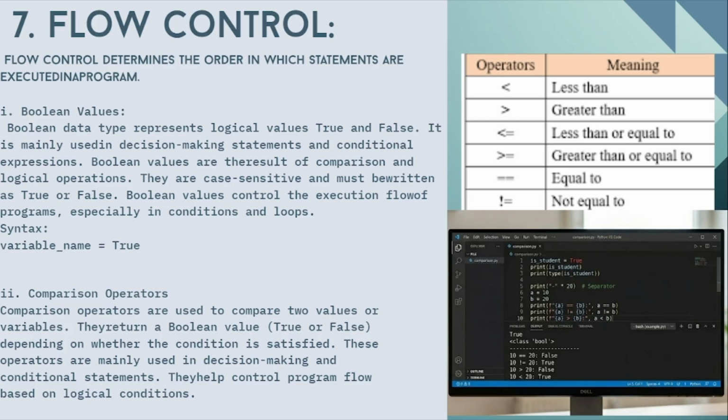In the example, if you see here, I assigned is student is equal to true. Now print is student, what will be the output? It will print true. Next, print type of is student. We want to know is student is what type. As we know that true is a boolean data type, it will print class bool.